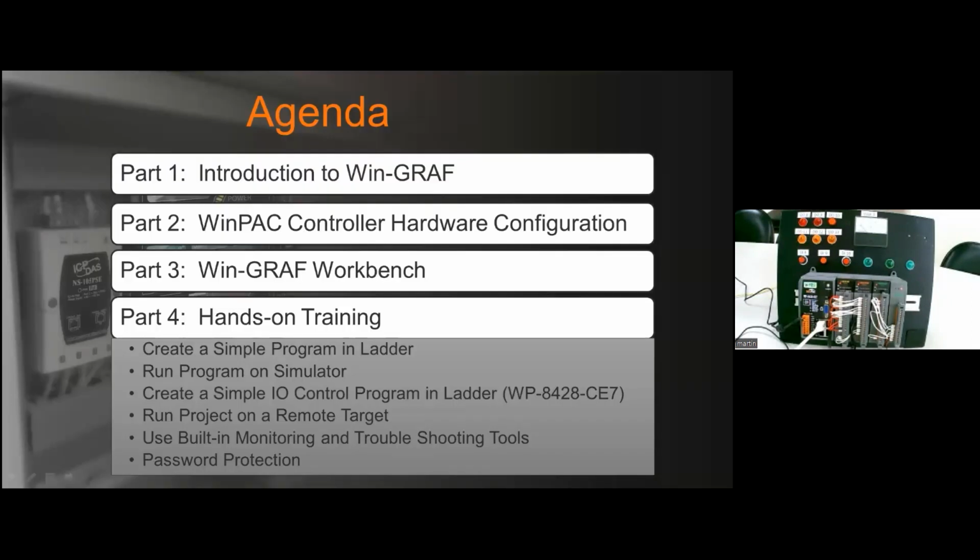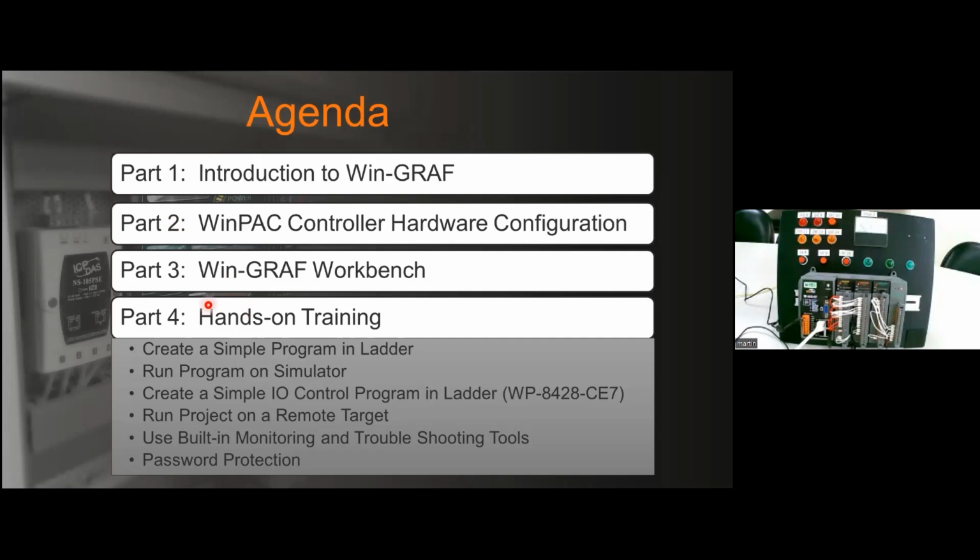Today's online tutorial mainly shows you how to get started with the Win-GRAF Workbench. In the first part, we will give a short introduction into the Win-GRAF and its key features. In the second and the third part, we will list the hardware and software needed for following the hands-on training course and to implement the project example yourself.